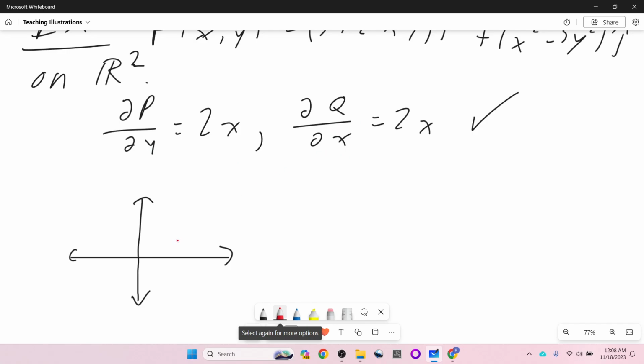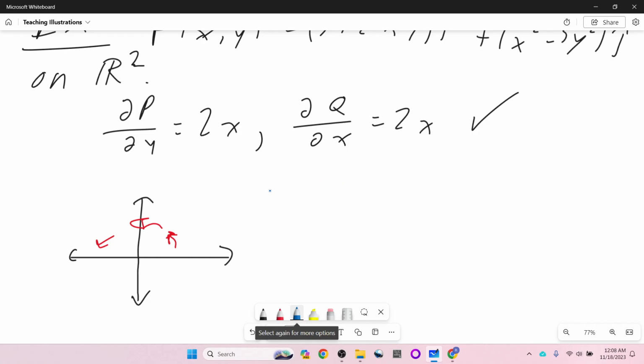So they sort of cause things to curl around. It's a twist: how the Y goes in versus the X that comes out, and the X that goes in versus the Y that comes out.